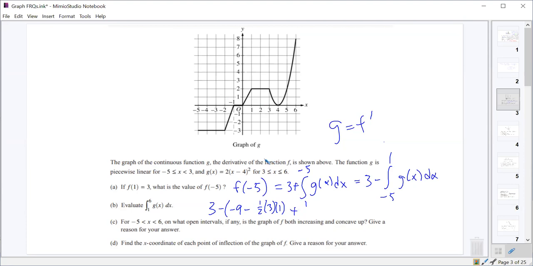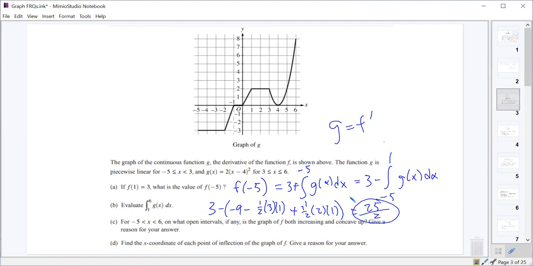And then we're going to add this piece between 0 and 1, which is 1/2 base times height, which comes out to be 1. So we got -9 plus 1 is -8, minus 3 halves is -9.5. 3 minus -9.5 is 12.5, 25 halves.